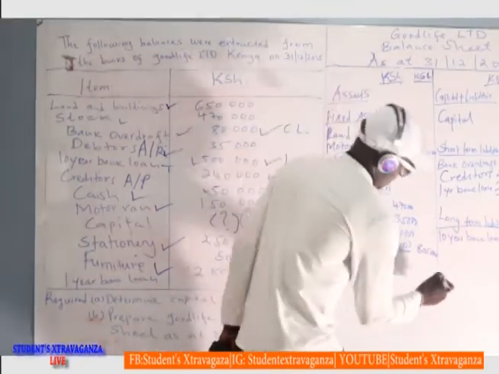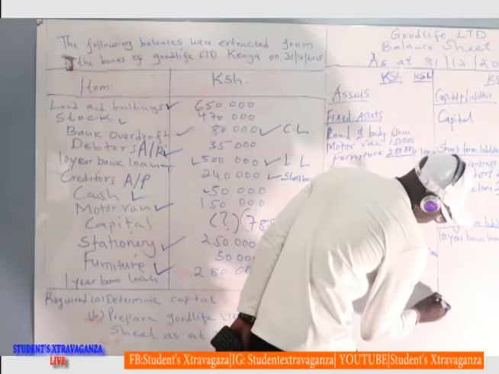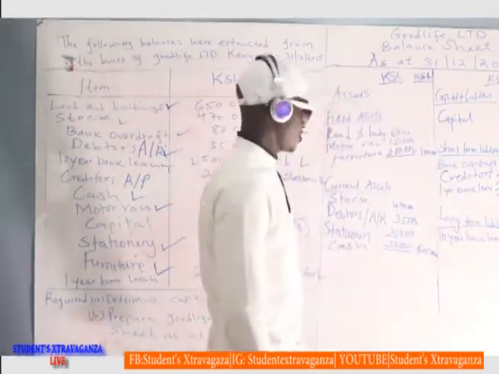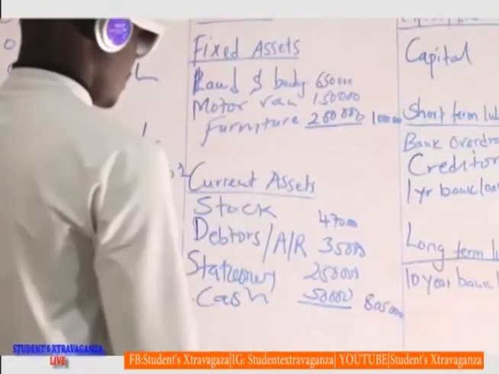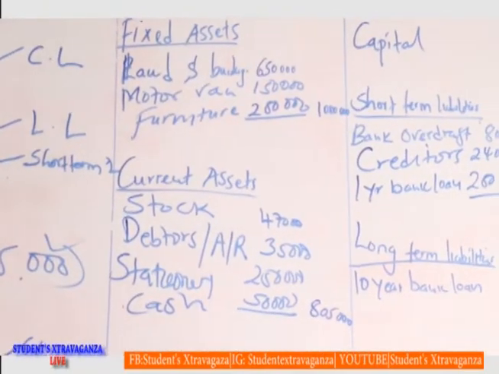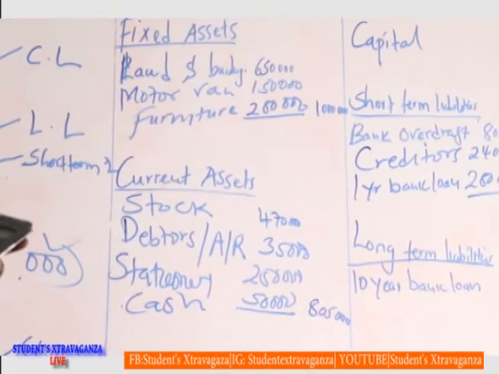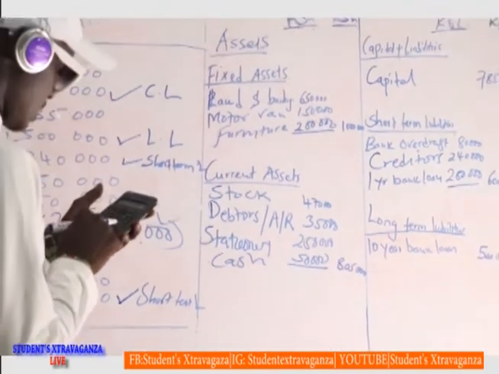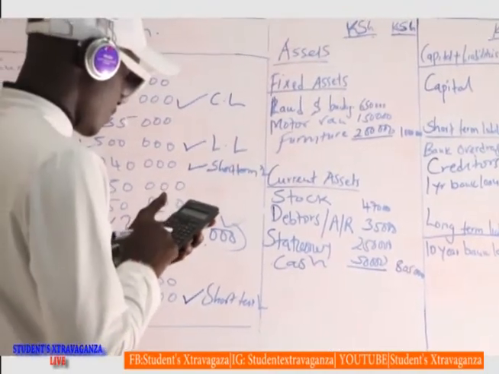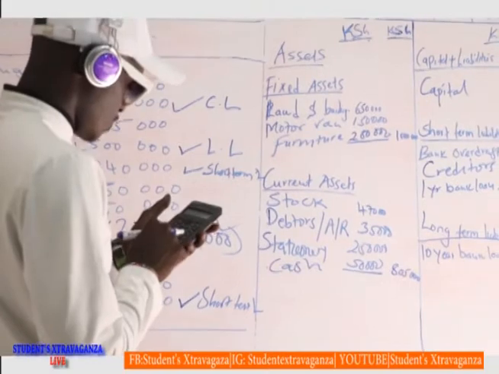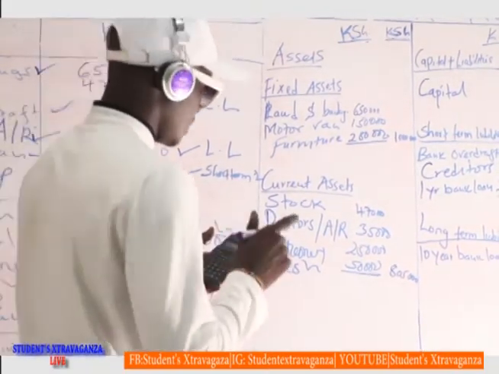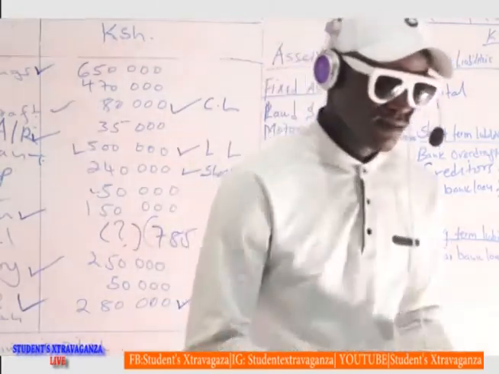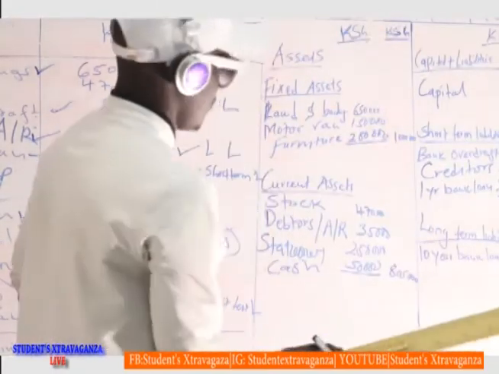So we want to see whether our balance sheet is balanced. Let's check. This side, 1 million plus 805,000, we add to 1,885,000. We want to balance it, and we find a line.